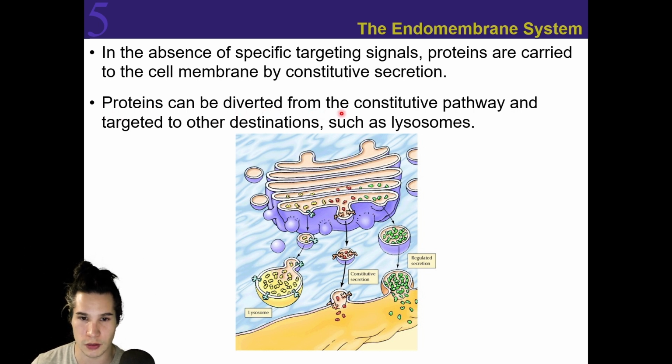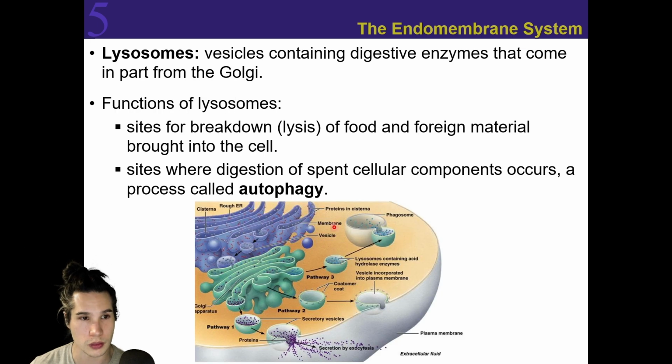Proteins can be diverted from the constitutive pathway and targeted for other destinations, such as lysosomes. So you could embed a different signal into that vesicle to direct it elsewhere within the cell. So by default, we send it outside of the cell unless told otherwise.